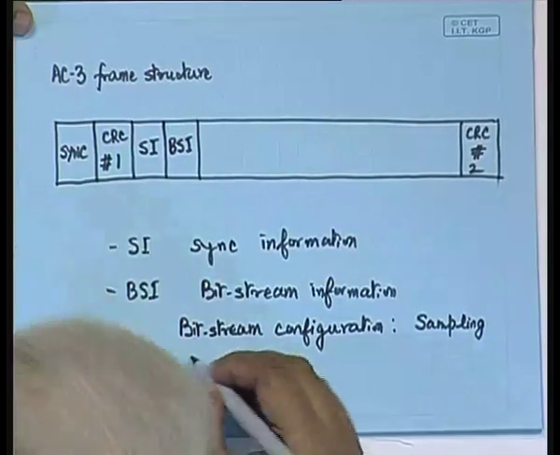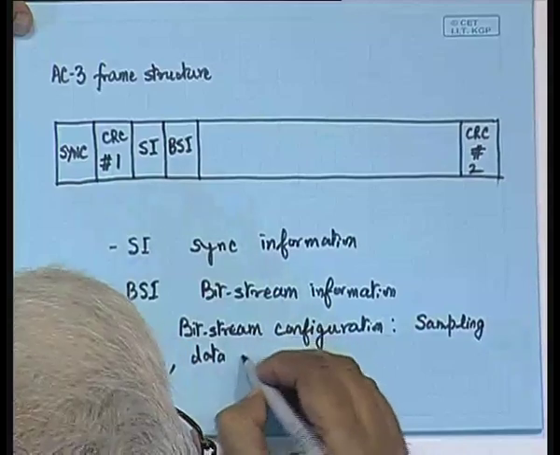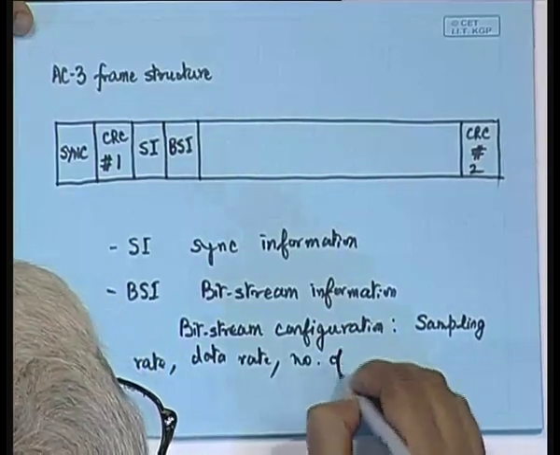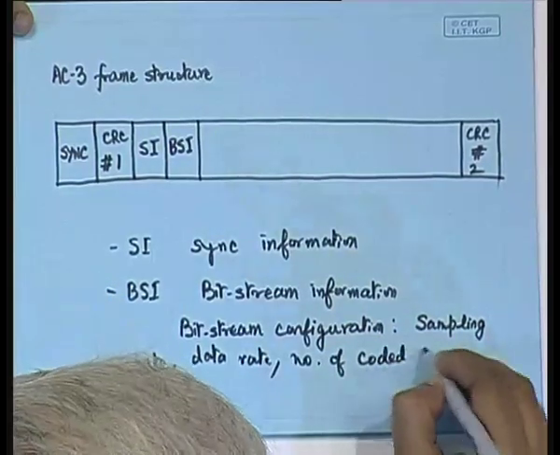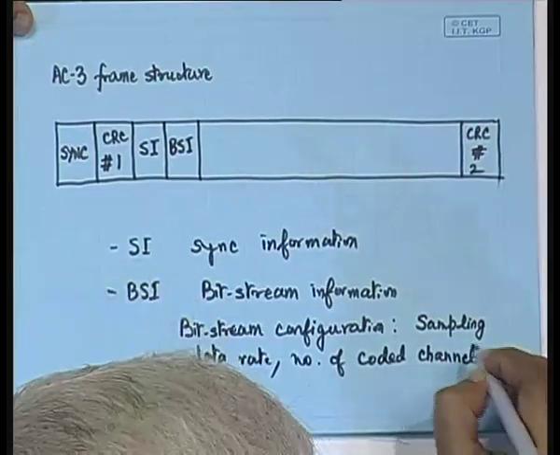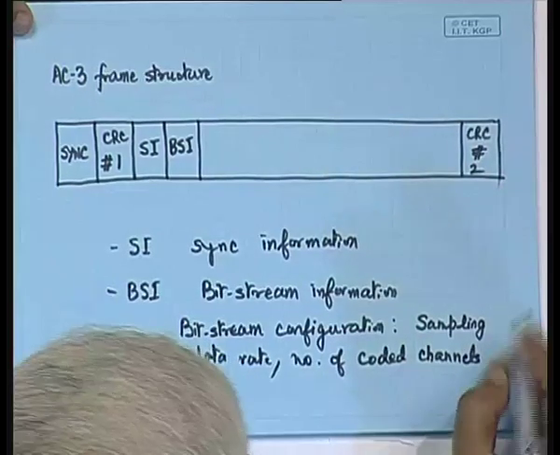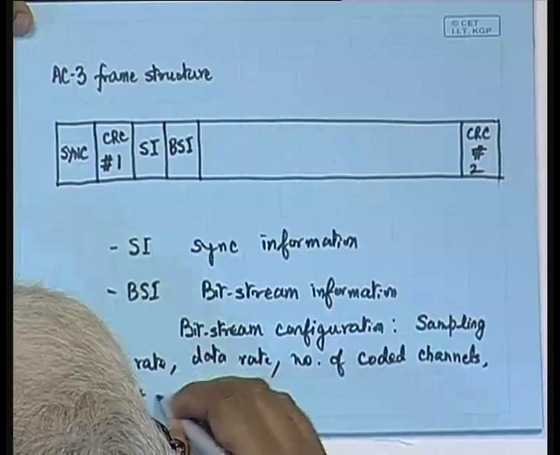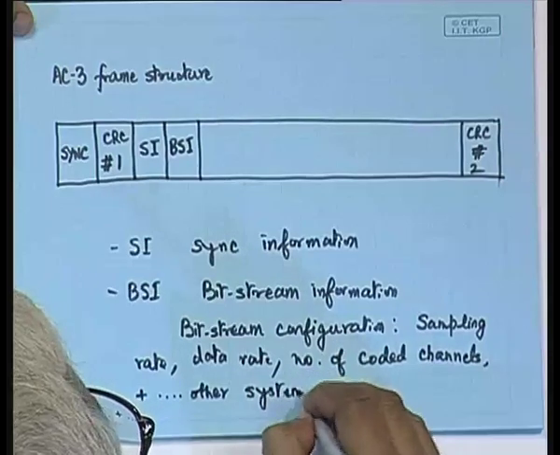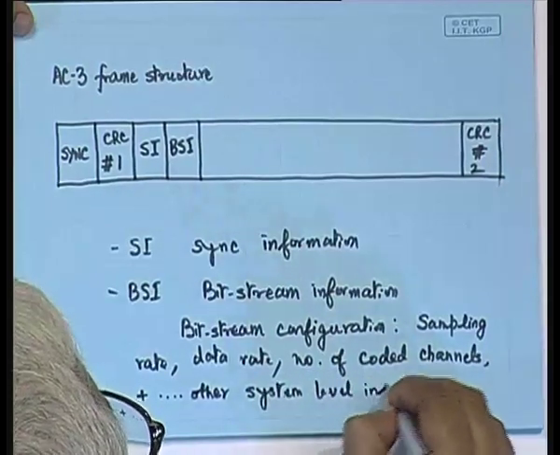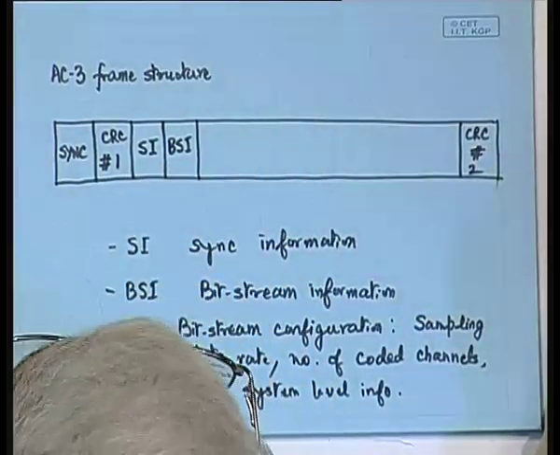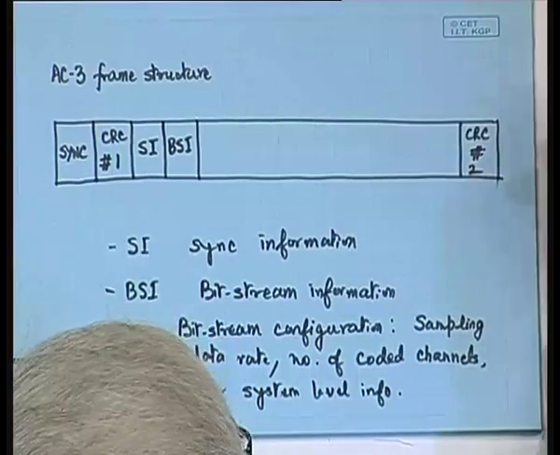The data rate, then the number of coded channels, and several others, plus other system level information.